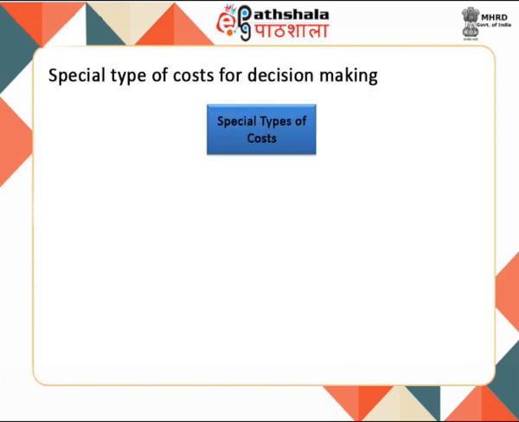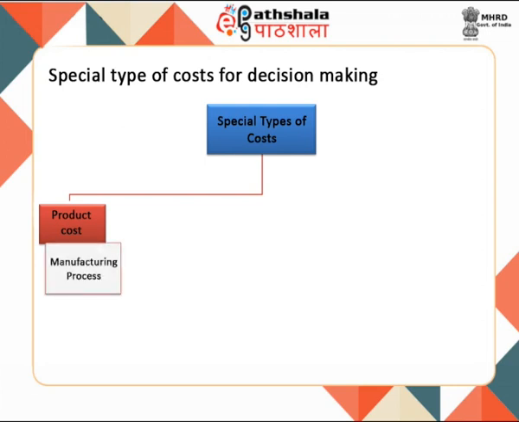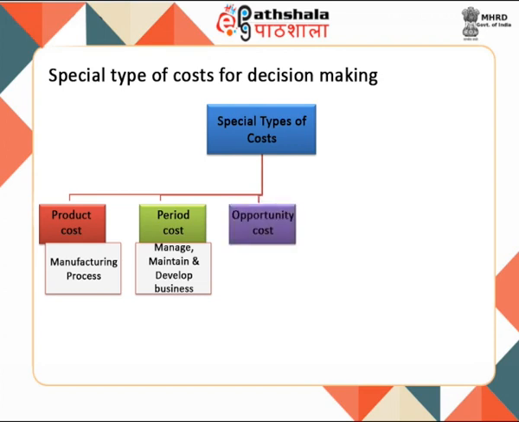Special types of costs for decision making are: number 1, product cost. It is the cost associated with manufacturing process. 2, period cost. These are costs required to manage, maintain, and develop business. 3, opportunity cost.